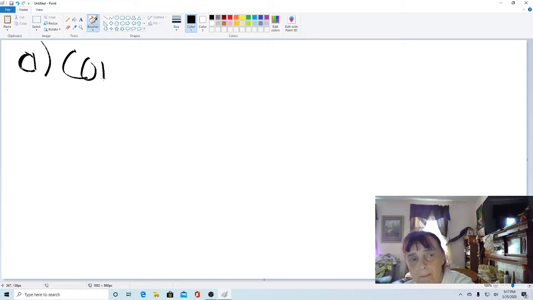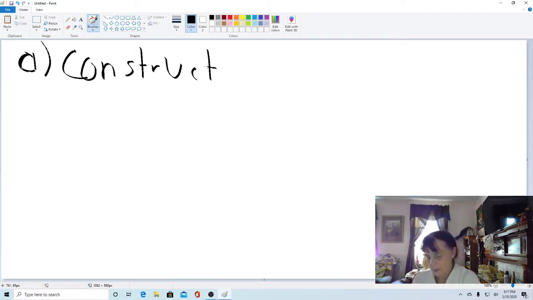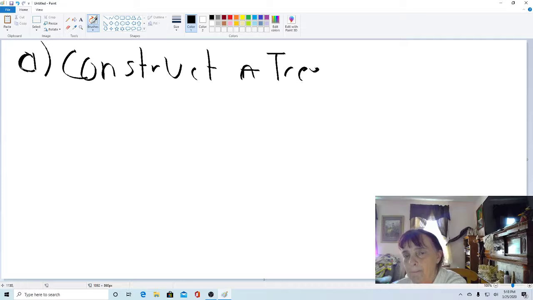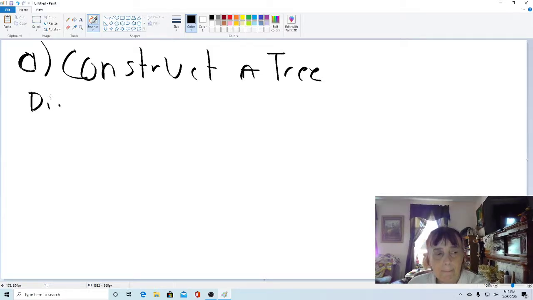Construct a tree diagram and list the outcomes.